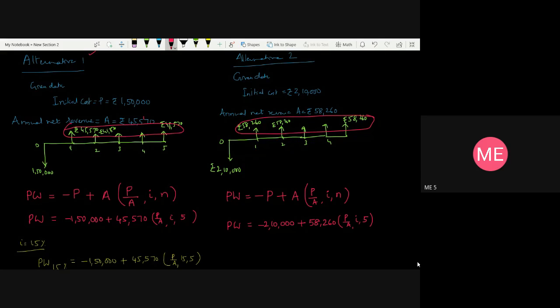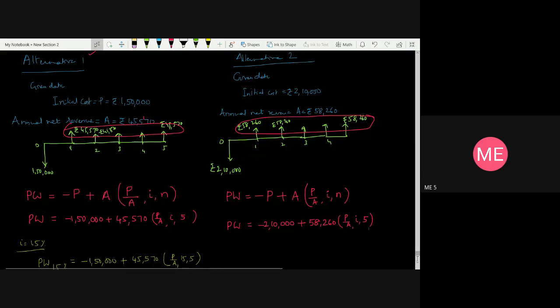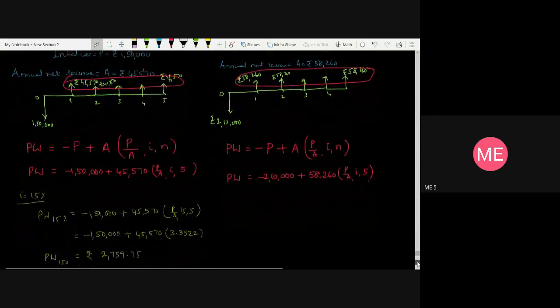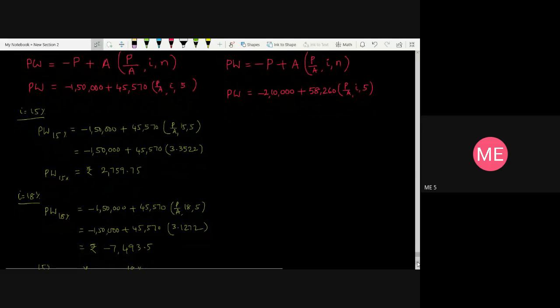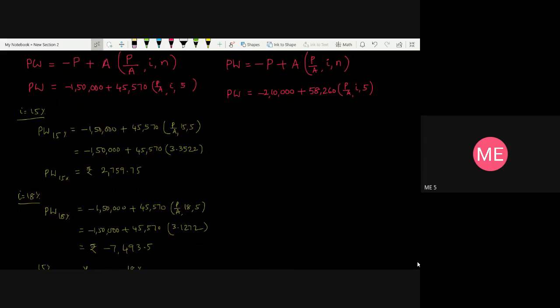So now for different values of I, we are going to find out the present worth, which changes from positive to negative. That we need to find out. For example, I'll take I is equal to 12%.